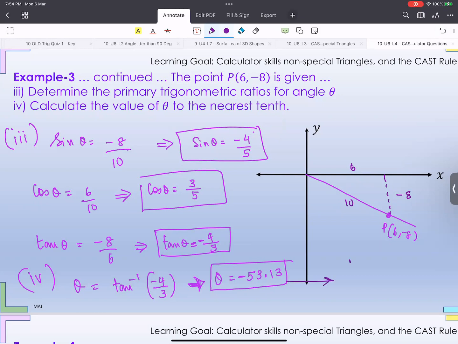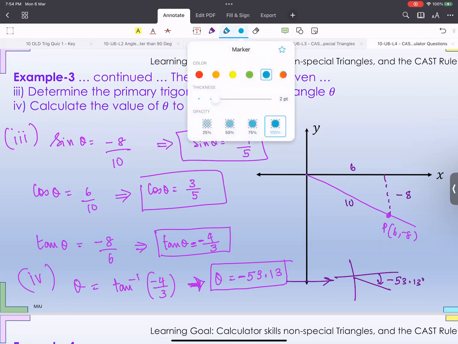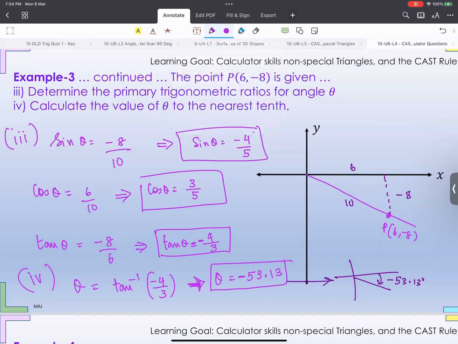Let's show this over here. So this is negative 53.13 degrees. What we're actually after is the principal angle all the way going from here to here. So that is 360. This is not the full answer, even though that's what your calculator gave you. We're almost there, but not quite.